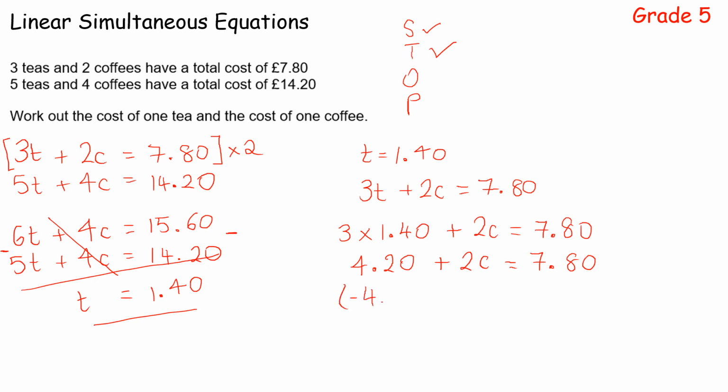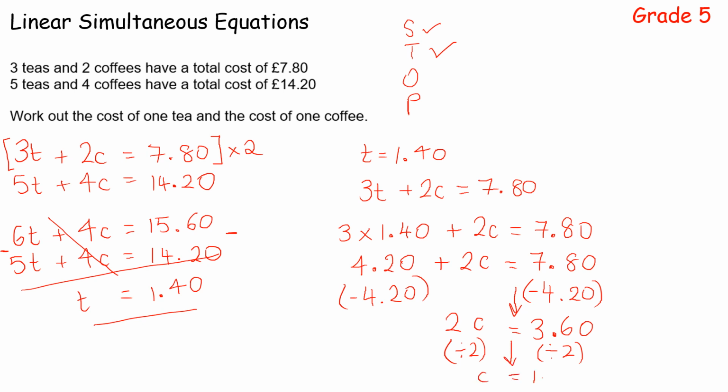Subtract £4.20 from both sides, and that is going to leave me with 2C equals £3.60. Divide both sides by 2, and I will have C equals 1.80.